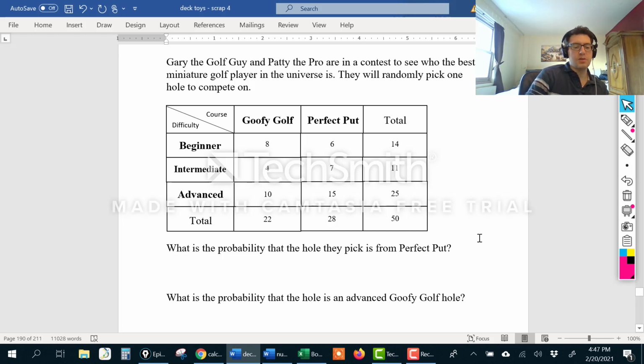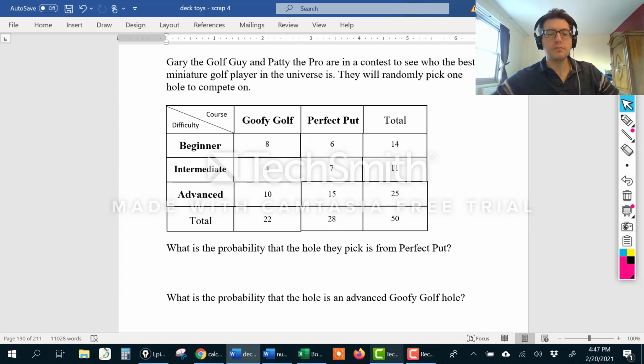So let's answer some probability questions. Now you can give a probability in decimal form or in percent form, but I'm going to be giving all of these probabilities in fraction form. So what's the probability that the hole they pick is from Perfect Putt?